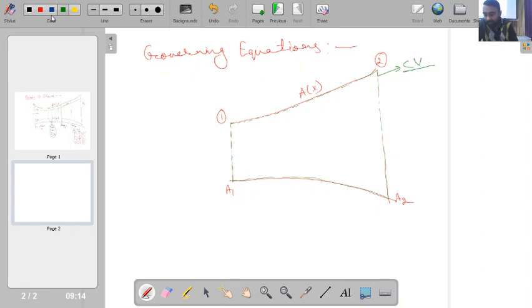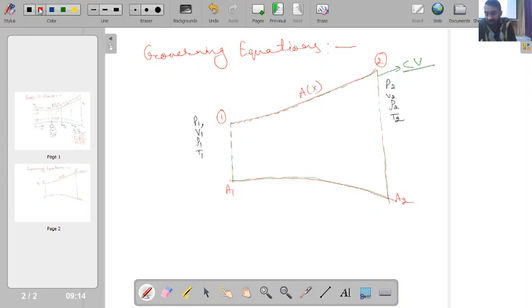In this control volume, we will have some pressure P1, velocity V1, density ρ1, and temperature T1 at the inlet, and similar parameters at the outlet, P2, V2, ρ2, and T2. Now applying the conservation equations will give us the relationship between parameters at 1 and parameters at 2.